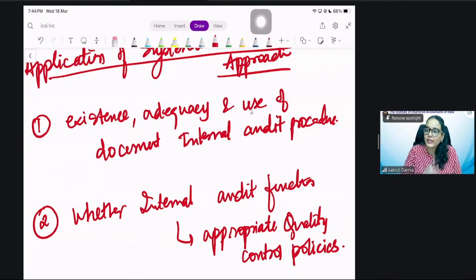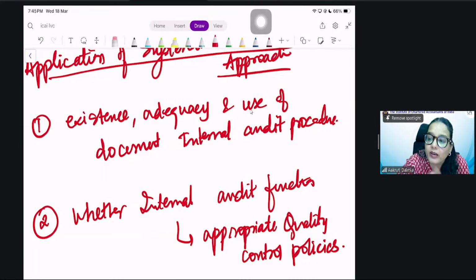So, like a company, to do their job properly, should have internal control, yes or no? Internal control, everyone knows, right? For a company to do their job properly, they should have good internal controls. Same way, for auditors to do a good quality audit, we should have good quality controls.